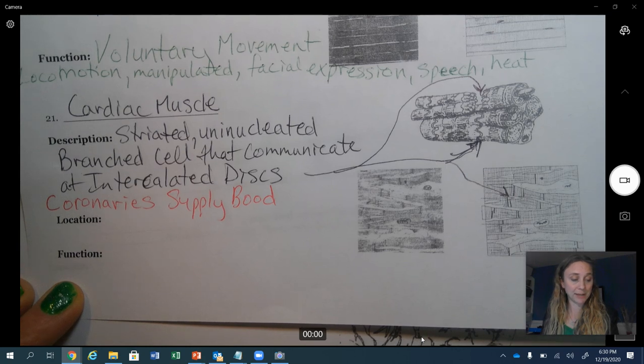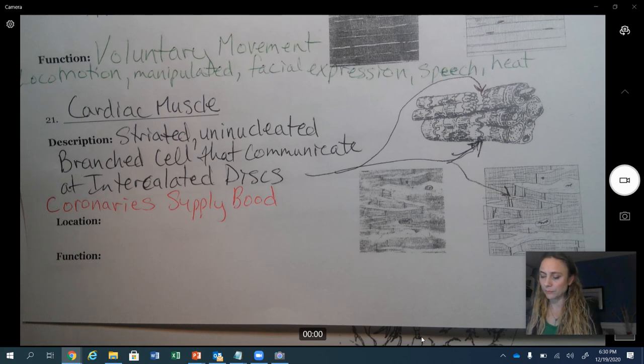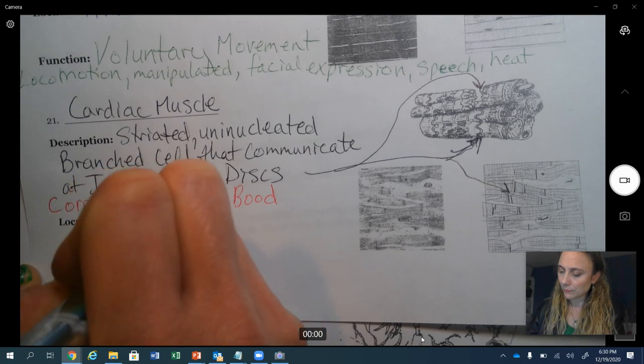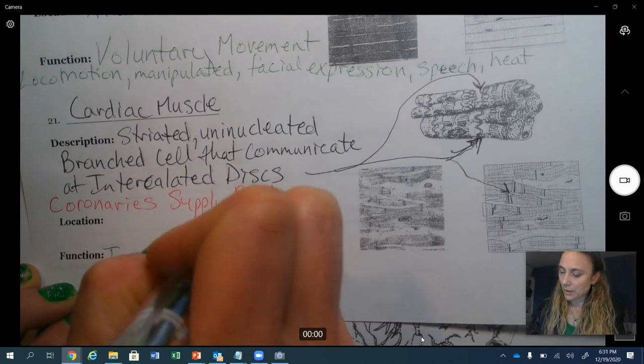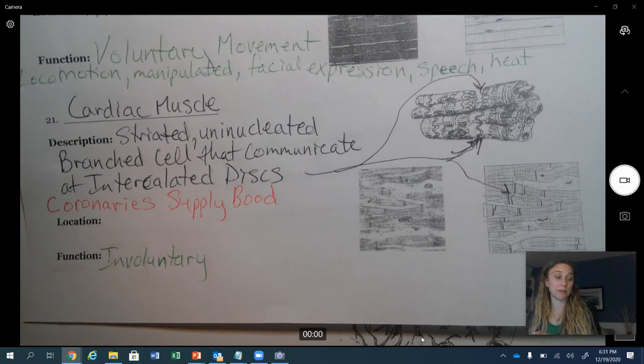Very good blood supply. Yes. Involuntary. We did need to mention that it's involuntary. Okay, so maybe I'll put that at the function here. Yeah, it's weird to me too that the heart does not get most of its blood supply from its own blood, because it's got cells lining the cavities of the atrium and the ventricle to ensure that the blood goes through and doesn't clot.